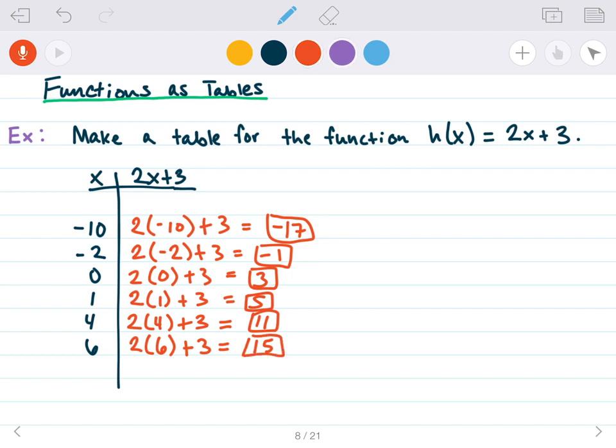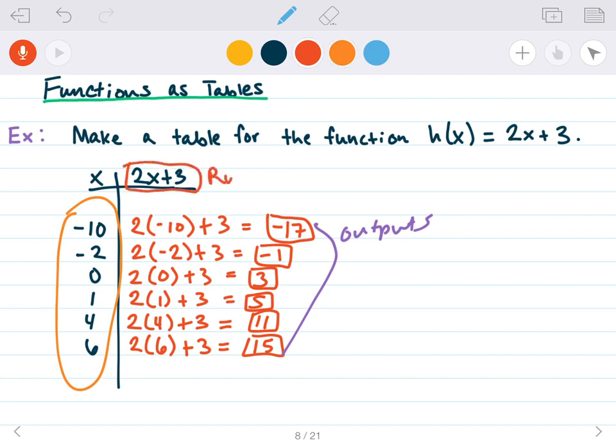So these are our outputs that we found from our corresponding inputs, and 2x plus 3 was our rule. So that is pretty much all the components of a function.